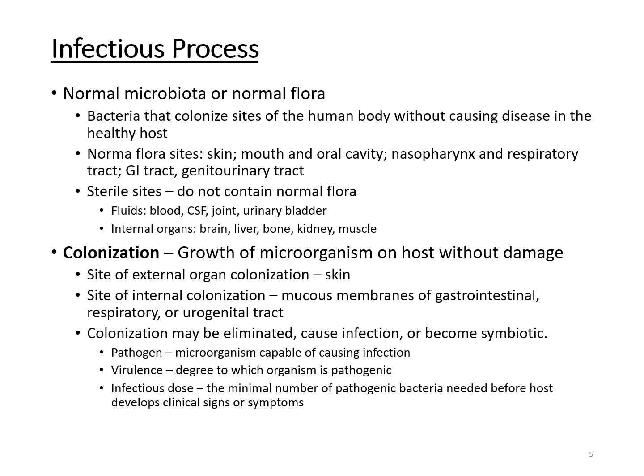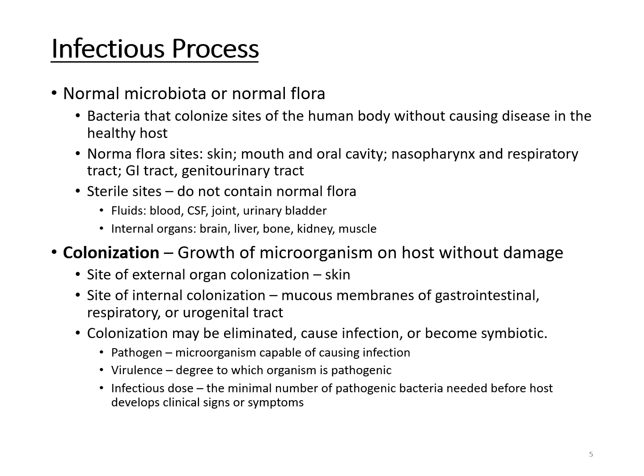Now, there are still sites within the body that do not contain any sort of normal flora. If you find any organisms within these sites, then it's either some sort of contaminant from the collection process, or it's an actual infection or a potential infection.